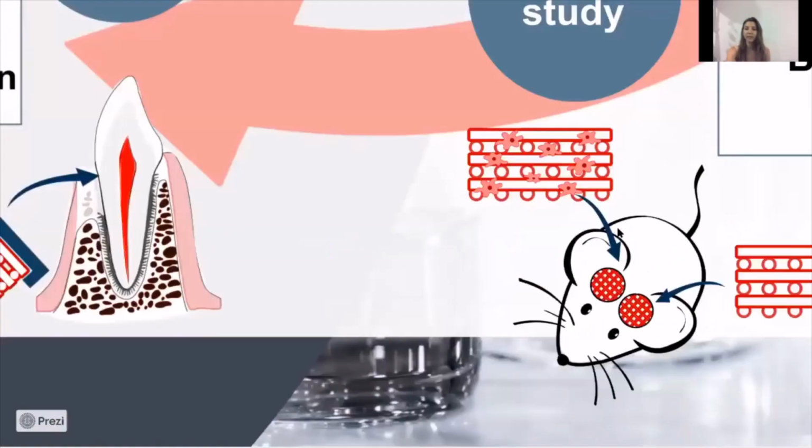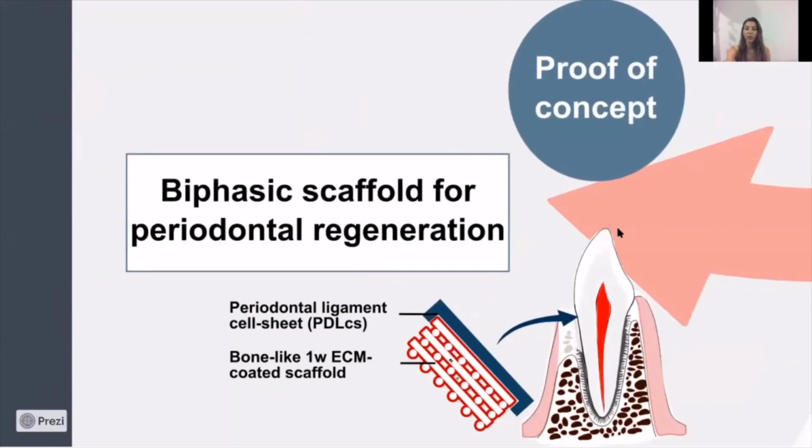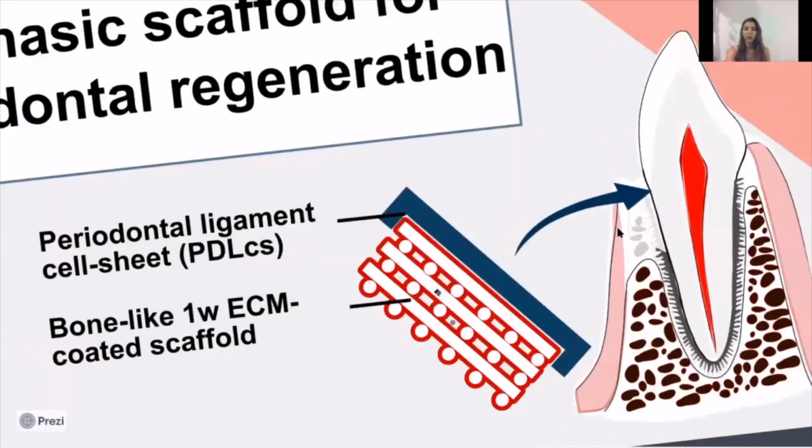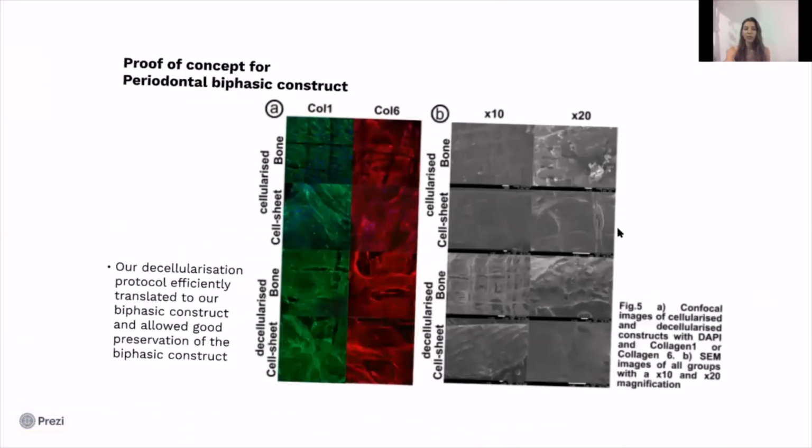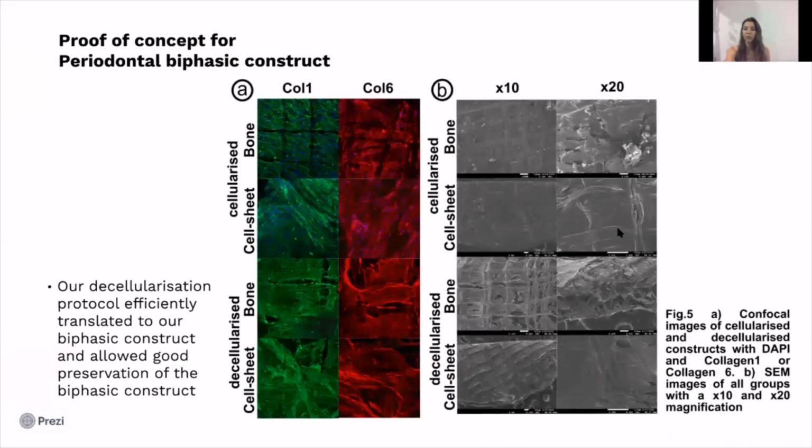So we then selected our 1-week construct as our best performing group, and we combined it with a periodontal ligament cell sheet before decellularization. So we did some characterization in vitro to verify that our decellularization protocol could be used in this context as well.